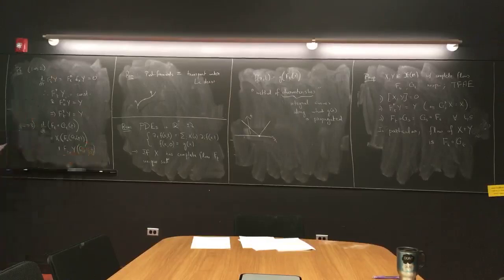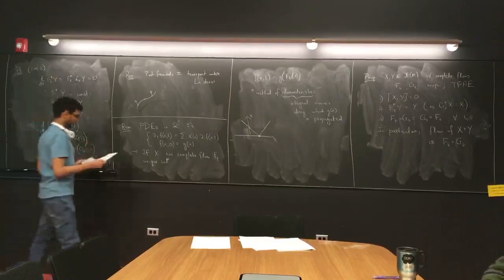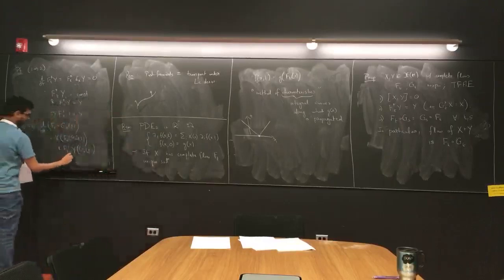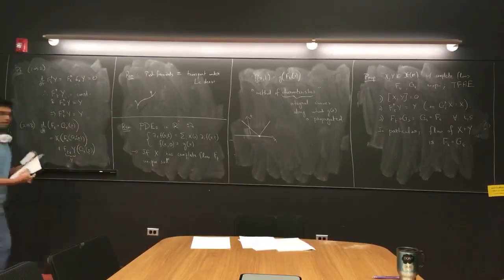So it's the chain rule. And then the hypothesis implies that this is equal to Y.